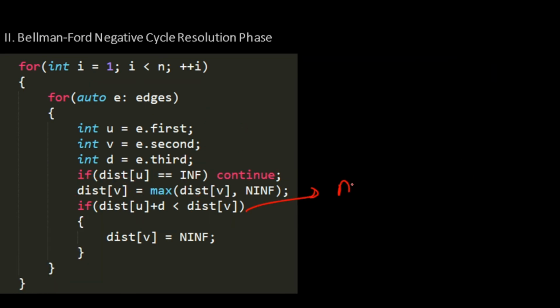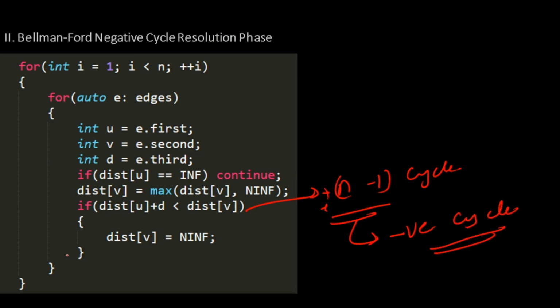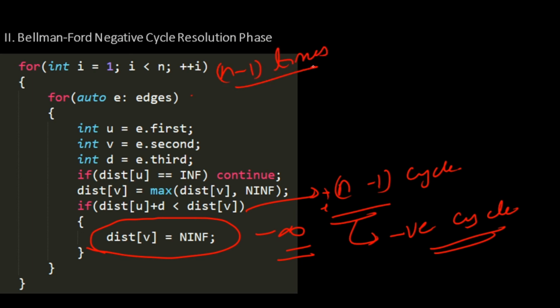So this relaxation after n minus 1 cycles means it is a negative cycle. So in other words, we have to relabel it to minus infinity. And we have to repeat this step for all edges n minus 1 times. At the end of it, our distance vector will have the SSSP.